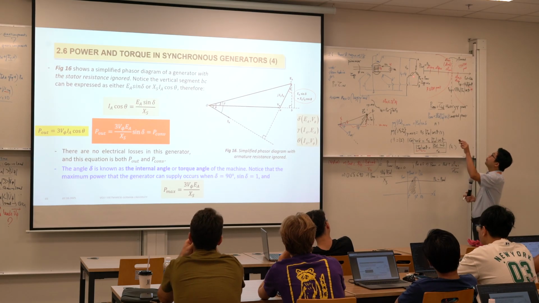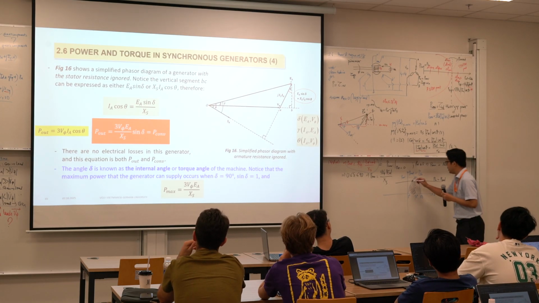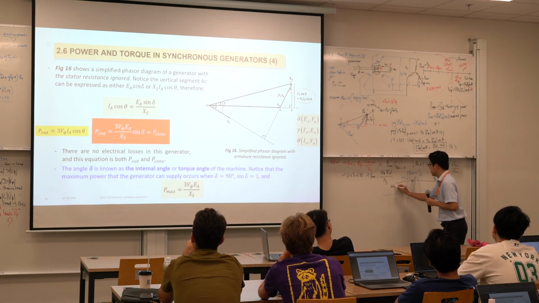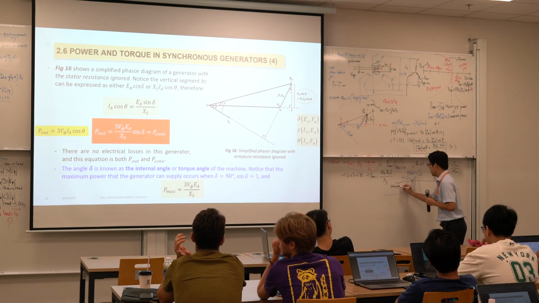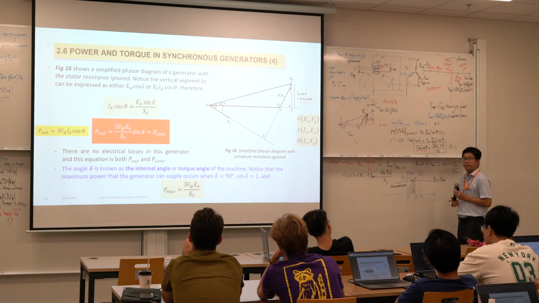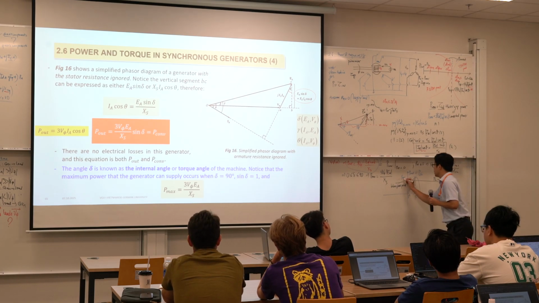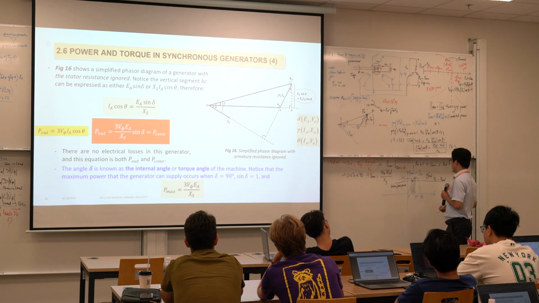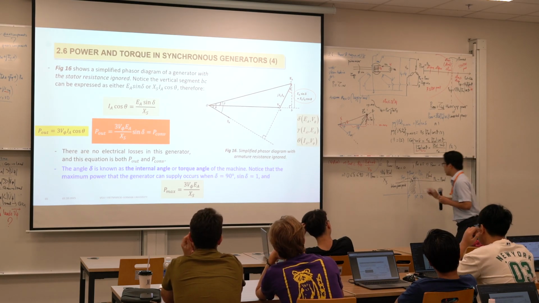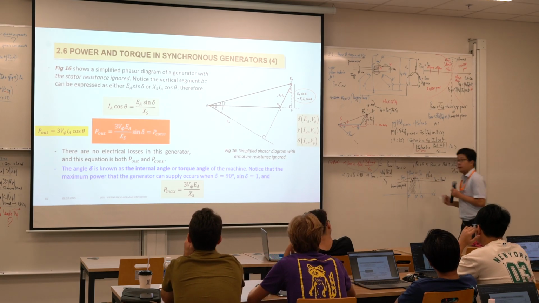Now we know P load and we know P generator. So this is the balanced power point. If we increase P load, you get a new balance point. So this one is 1, this is 1 overcome, something like that.